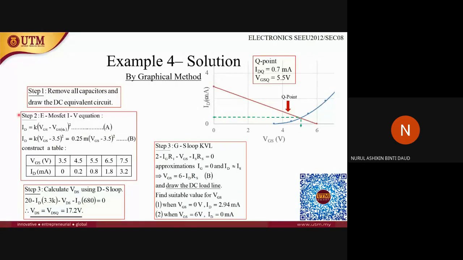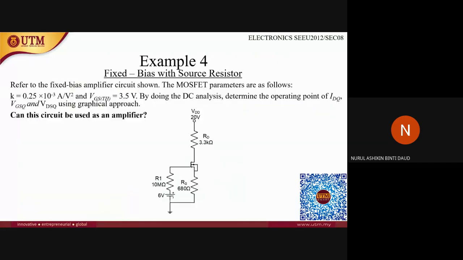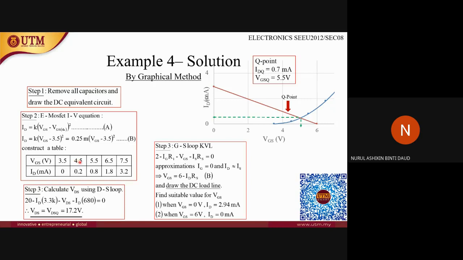Step 2 is you need to draw the transfer curves. Since the K value is already given and we know the threshold is 3.5, you need to find the drain current at another VGS value which is above 3.5 volts. So from 3.5 volts, we take one increment.